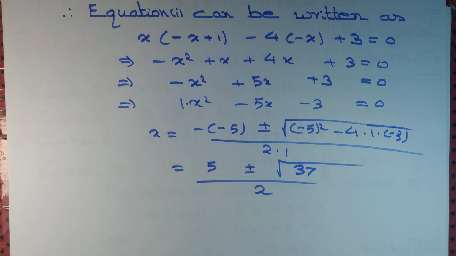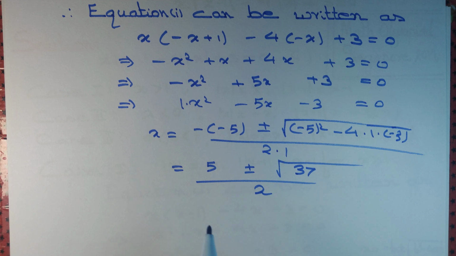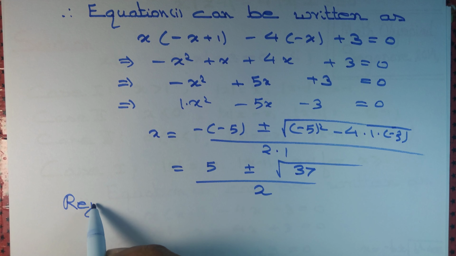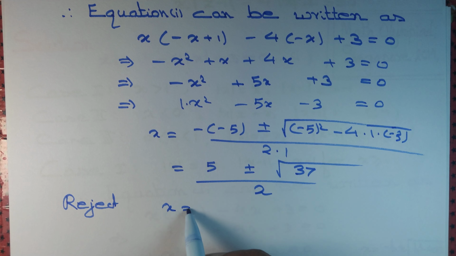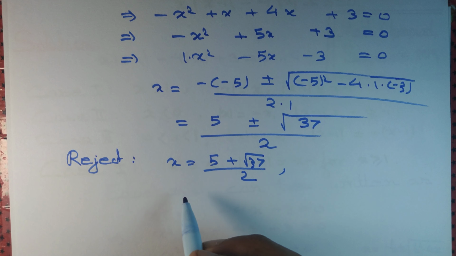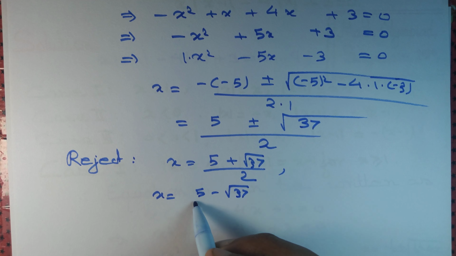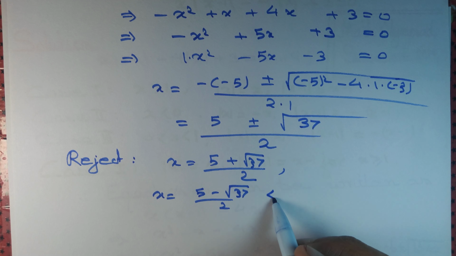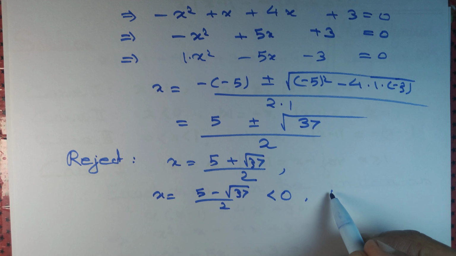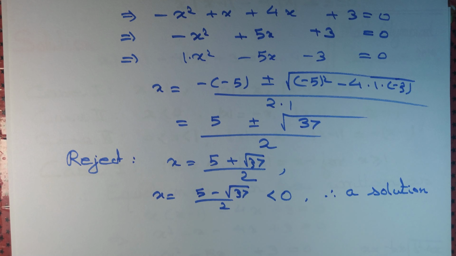As we are assuming x to be less than or equal to 0, we are bound to reject x equal to (5 plus root 37) by 2. Further, we observe that x equal to (5 minus root 37) by 2 is less than 0. Therefore, it is a solution. So we got one more solution in this case.